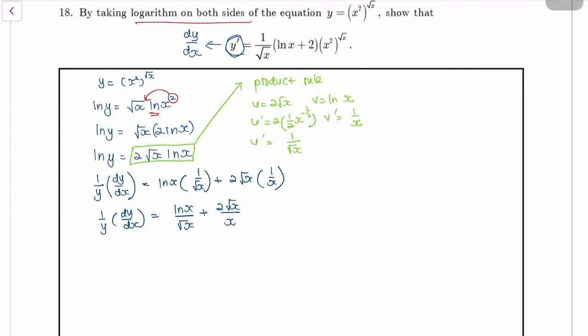Okay, then bring y to the other side. So y times ln x over sqrt x plus 2 sqrt x over x.